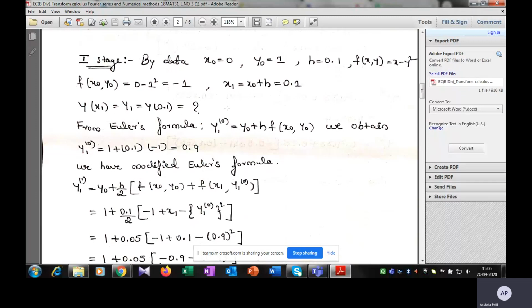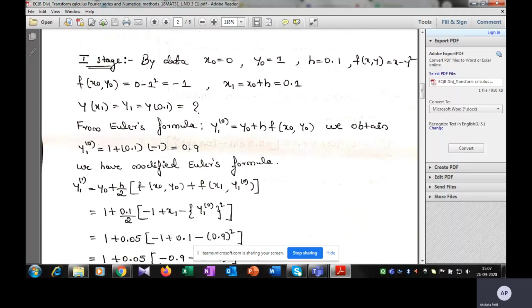So substitute all these values: y1 of initial approximation equals 1 plus 0.1 into minus 1, and after simplification we will get y1 of initial approximation value as 0.9.